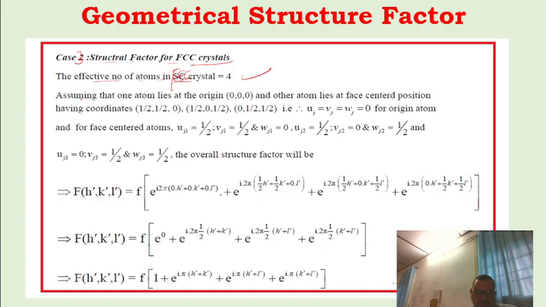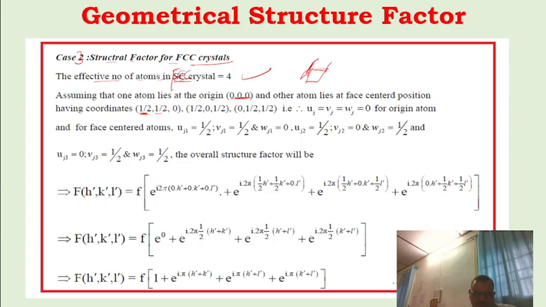4. Assuming that an atom lies at 0 0 0, the first atom, another lies on a face. Because we have only two faces adjacent to each other, the third atom is absent.